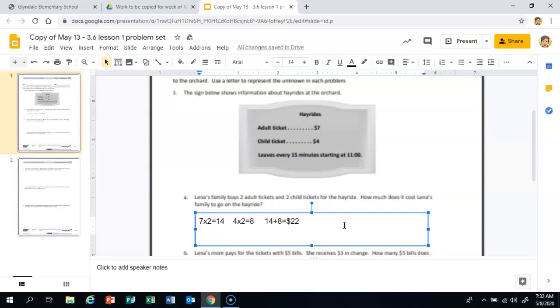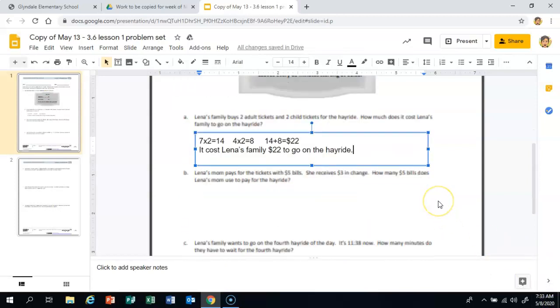So, let's see, I need to write a sentence. It cost Lena's family $22 to go on the hayride. Okay, so there's my sentence. That's all you have to do on these.